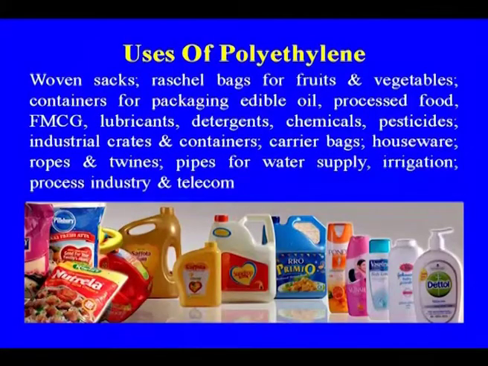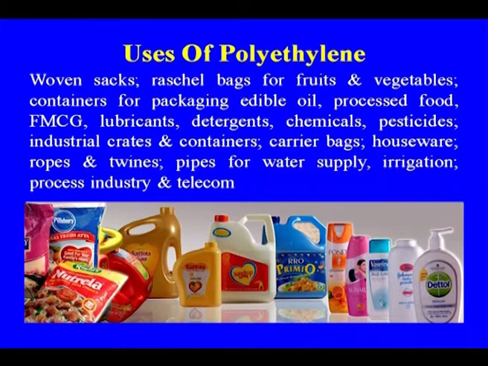This is some of the application you are finding in case of polyethylene: the packaging industry. Many of the conventional glass containers have been replaced with polyethylene, or PET in case of mineral water.